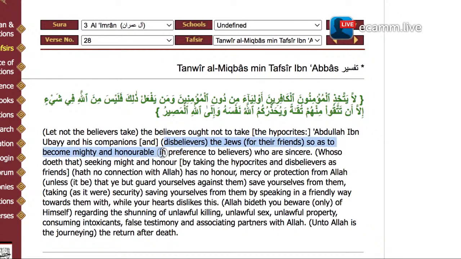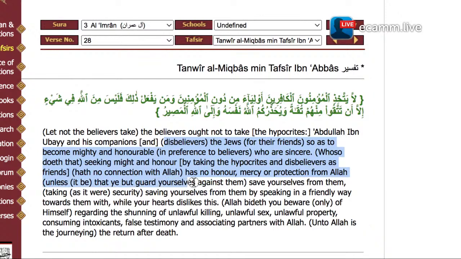And if you try to be mighty and honorable with them, which means try to be sincere, like you take them seriously as friends, you mean it, then you are not a Muslim no more. You have no honor, which means Muslims can rape your wife, they can kill you, you are an apostate. By taking the hypocrites and disbelievers as friends, he has no connection with Allah. He has no honor, no mercy, no protection. Muslims can kill you, can rape you, can take your money. All of this because you took a Christian as a friend and you mean it.